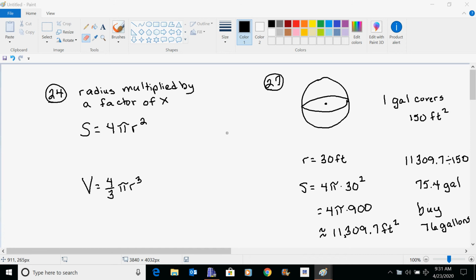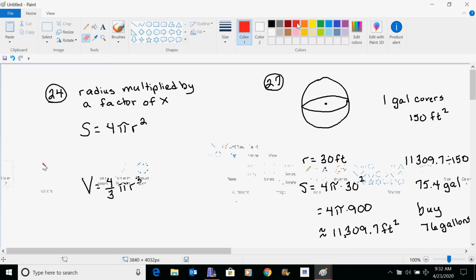So here we go. First one was question number 24, and the question was asking what happens to the overall surface area and volume if you multiply by a factor of x.